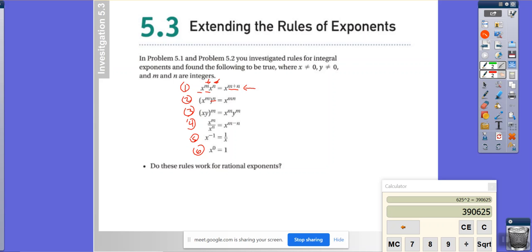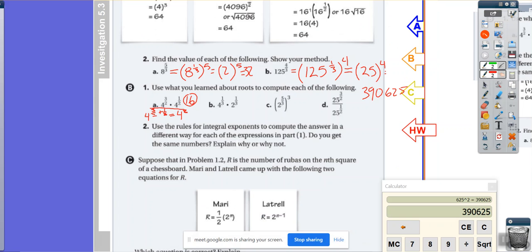Okay, so in rule number 3, what do we do with the 2 different bases? We multiply them. Okay. So, what will we do for question B? Multiply 4 and 2. Yeah. You get 8. So we get 8 to the 1/3 power, which is 2.